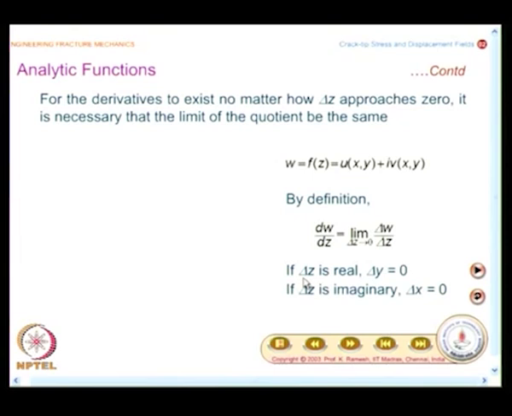So, you could have delta z is real, in that case delta y equal to 0. You could have delta z is imaginary, in that case delta x equal to 0. So, no matter how delta z approaches 0, that is depicted in the graph here.